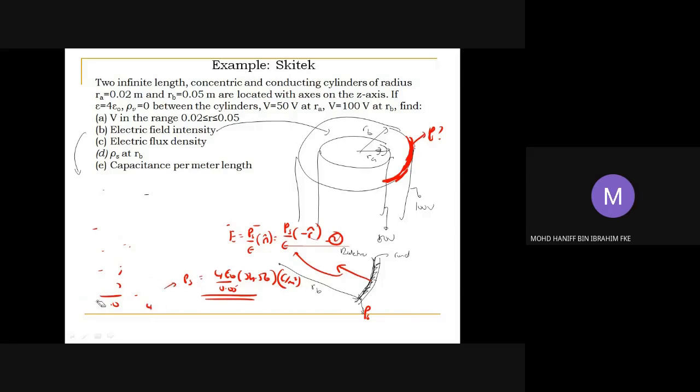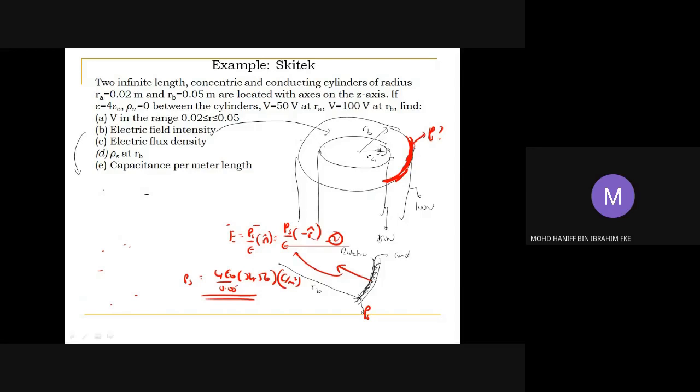Okay then, based on this capacitance per meter length, which is the capacitance in this region, because we have conductors of radius RA and RB, and in between we have a dielectric. Capacitance is calculated between this conductor and this conductor and also the dielectric.